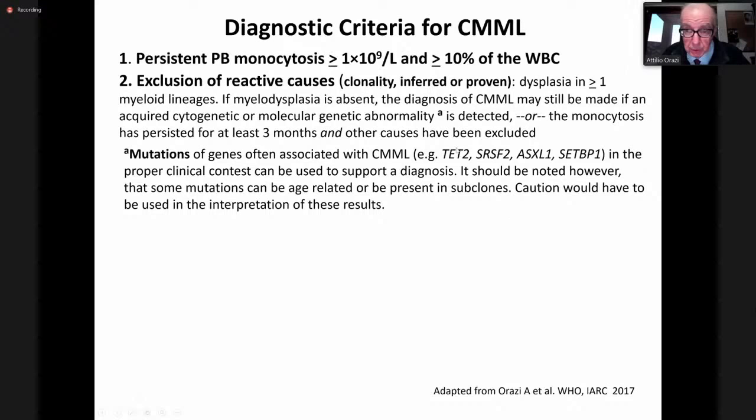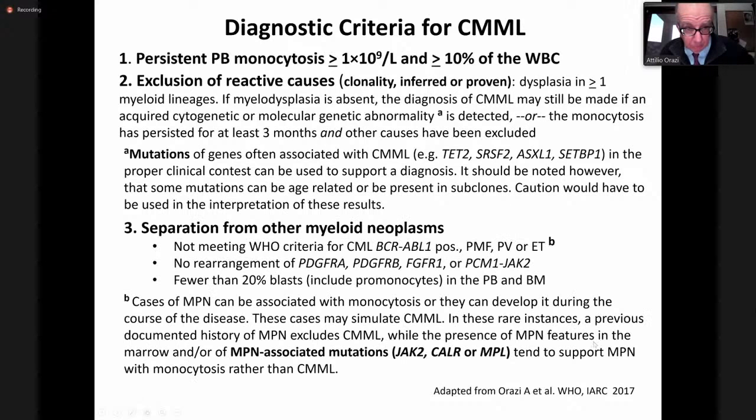So you can use the presence of mutation, there are some examples here, to support a diagnosis. Now, there is the issue of CHIP, because some mutations may be age-related, but we are going to talk about that. So bear with me a couple more slides and we get there, and we discuss why it's not really that much of a problem.